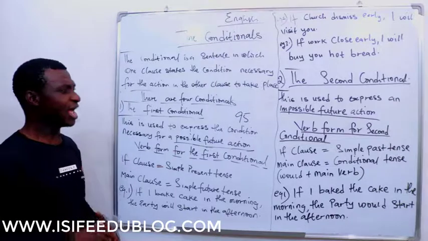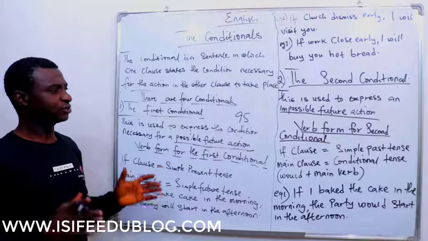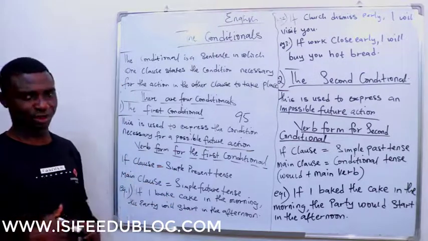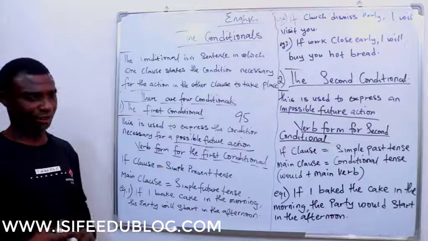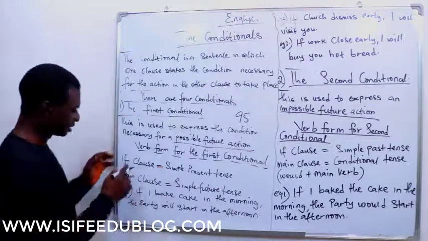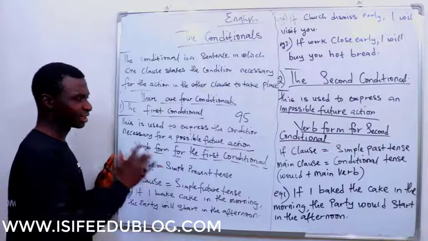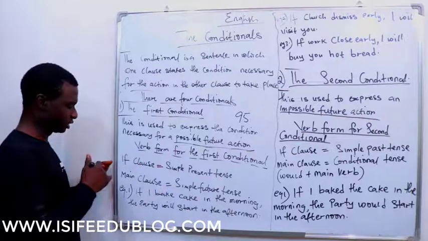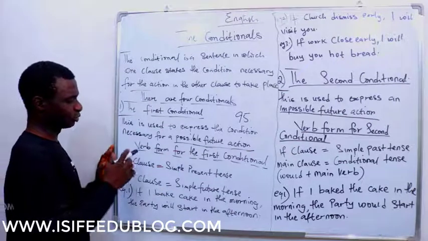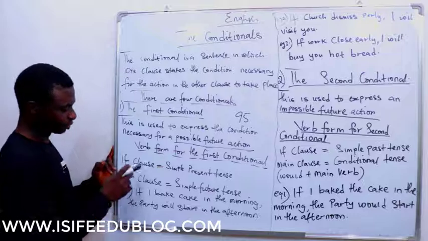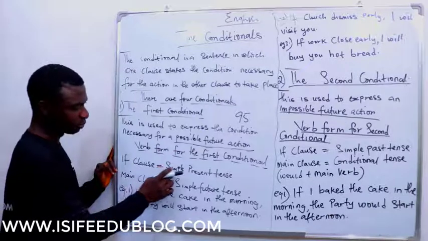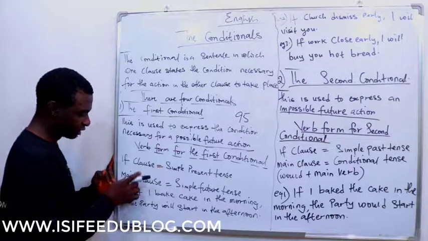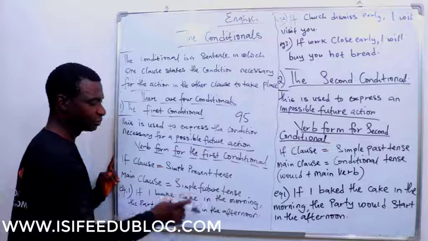Everything needed to make this happen has been achieved, just to apply it and it works. An arrangement that has attained 95% completion is where we use the first conditional. So the if clause is simple present tense. The if clause is the subordinate clause, and the main clause is simple future tense.